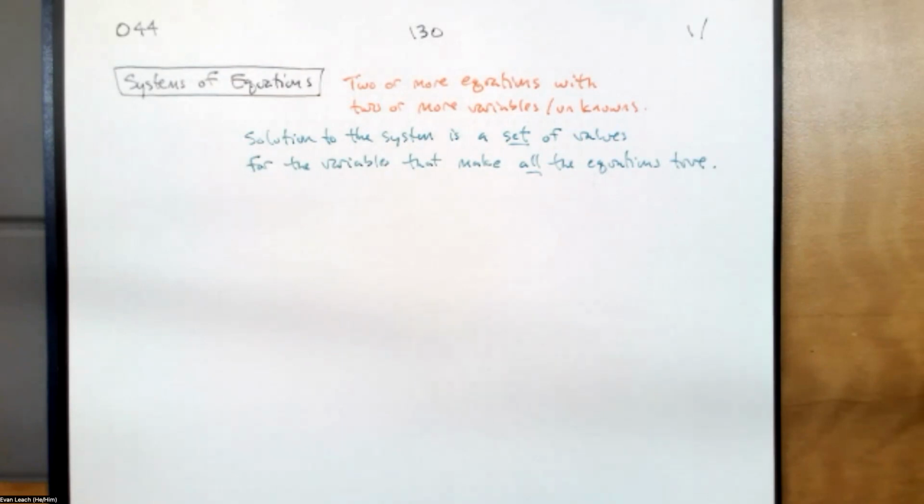If you have two variables, say x and y, a solution will consist of an x and a y. A solution will not just be like x equals 5. That's only half a solution.